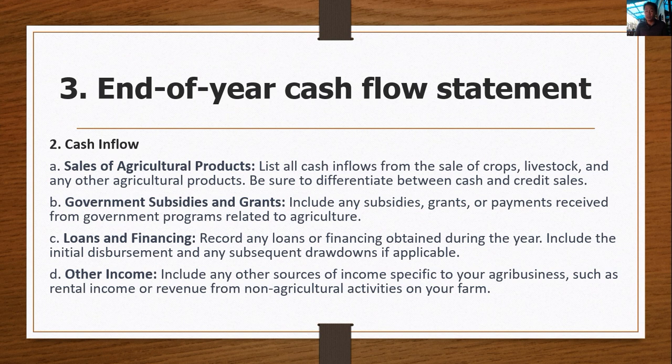You need to record any loans or financing obtained during the year and include the initial disbursement and any subsequent drawdowns if applicable. And also, class, other income. Include any other sources of income specific to your agribusiness, such as rental income or revenue from non-agricultural activities on your farm.